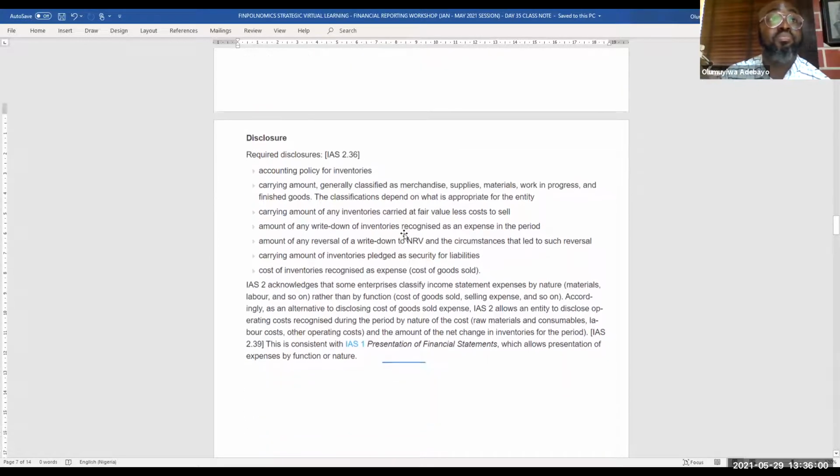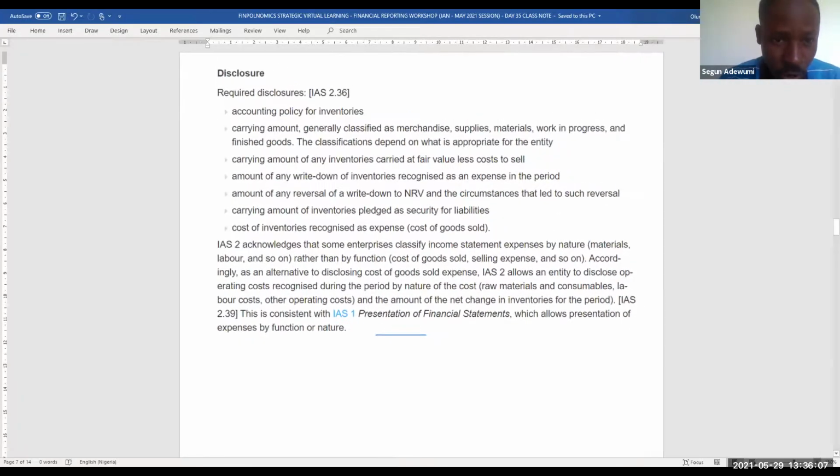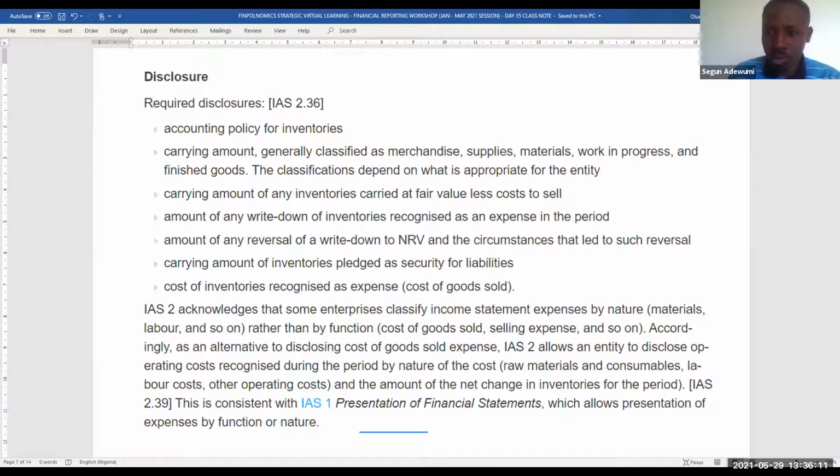Required disclosure, IAS 2, paragraph 36. 1, accounting policy for inventories. 2, carrying amount generally classified as merchandise, supplies, materials, work in progress, and finished goods.